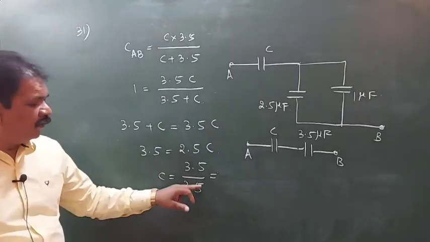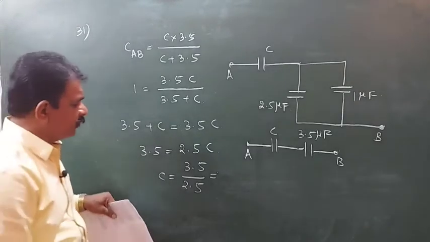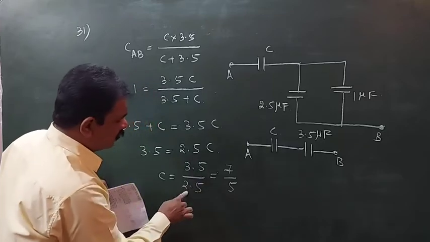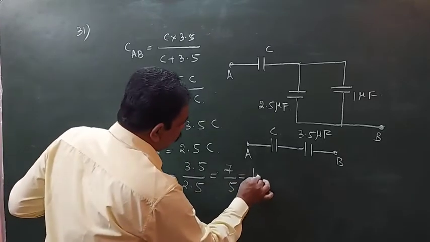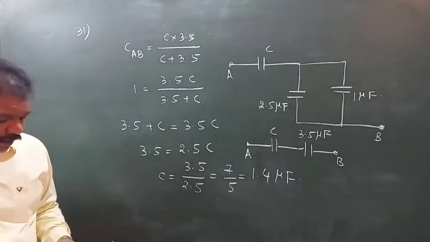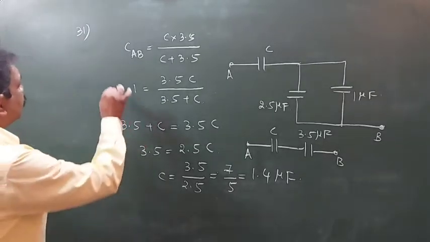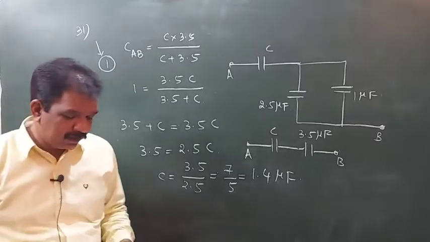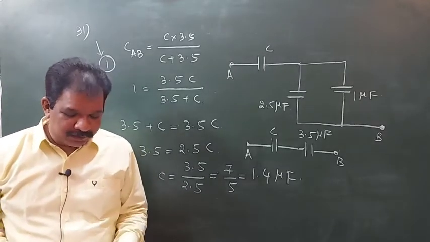The 5s will cancel, so this will be 7 by 5. This value is 1.4 microfarad. So question 31 will be the first option. Clear? Question 32, you see.